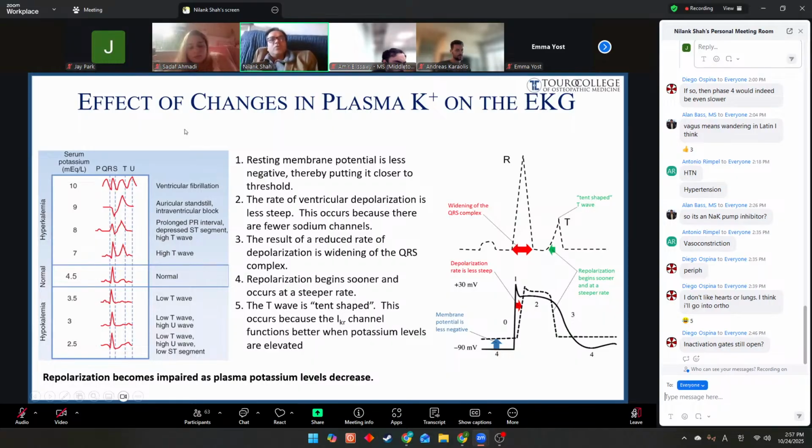I thought we discussed it, and you all were able to answer it. Why is there increased outward potassium current in phase 3, despite there being hyperkalemia?